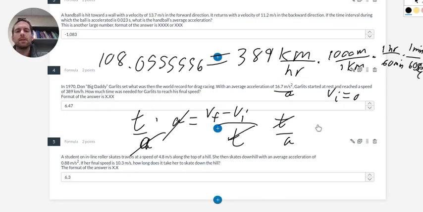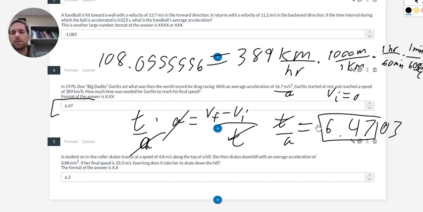So once I do that, I should get whatever's on top divided by 16.7. I do that and I get 6.470, and then it's 3, but it's 2 decimals, so we leave it like this. Here's our answer. And this is in seconds.